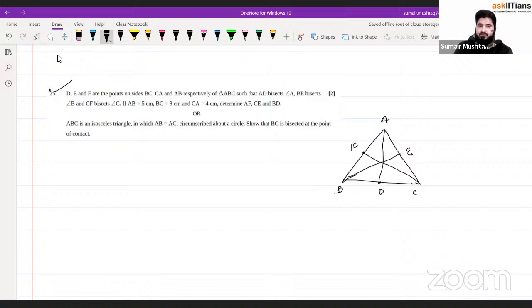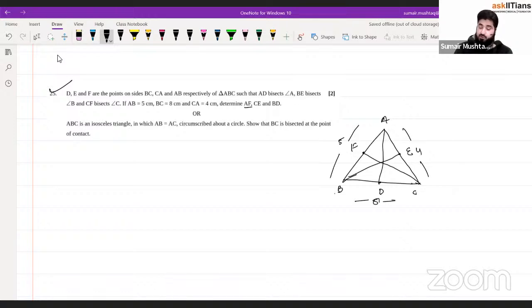Now, if AB is equal to 5 centimeter, BC is equal to 8 centimeter, and CA is equal to 4 centimeter, now tell me, determine AF, CE, and BD. Come on, tell me how to do it. It's a very easy concept.